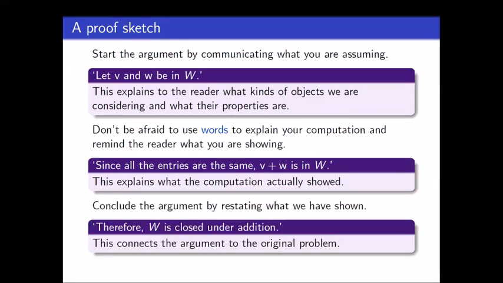And once you achieve your goal, you conclude the argument by restating what you have shown. One of the things I learned as a student was that when you're trying to present something, especially a proof, you start by saying what you're going to do, then you do it, and then you say what you just did. That's a very effective form of communication.